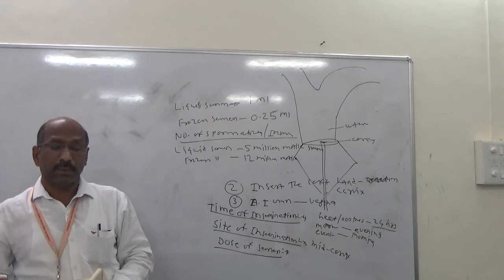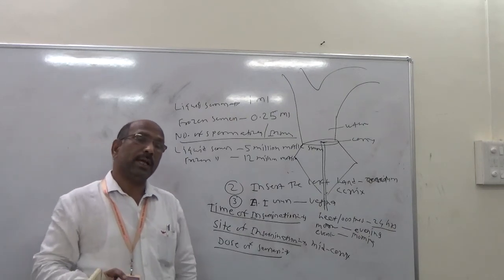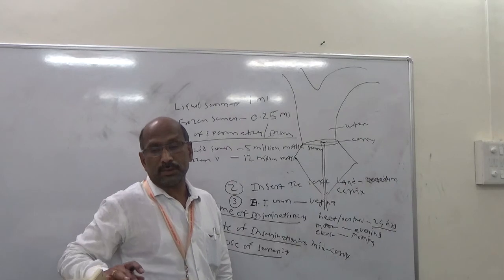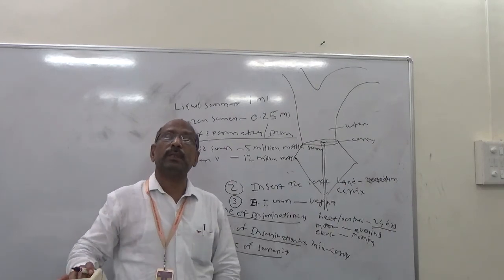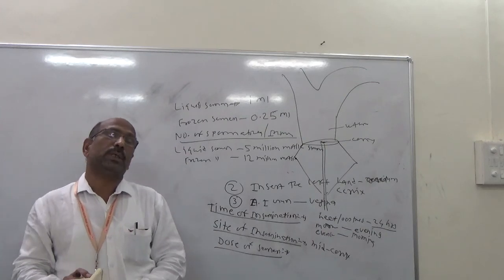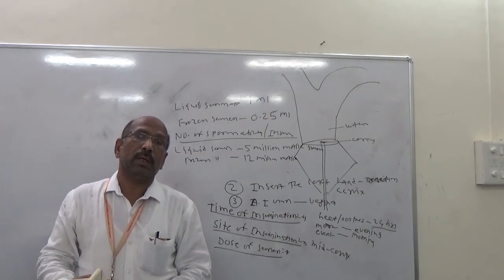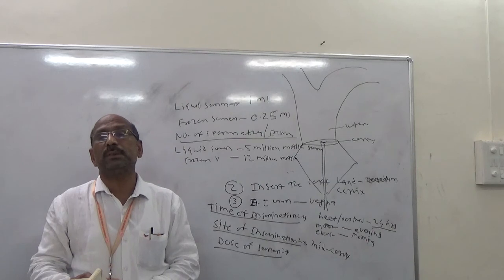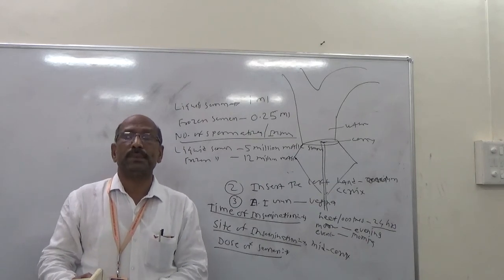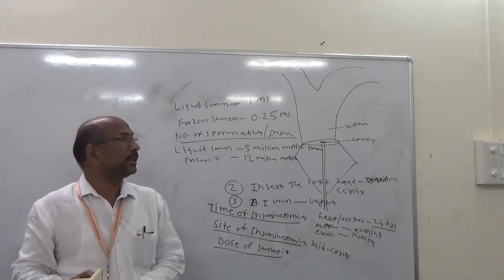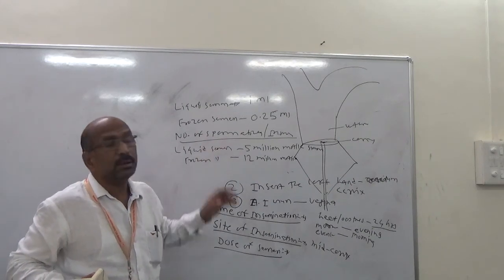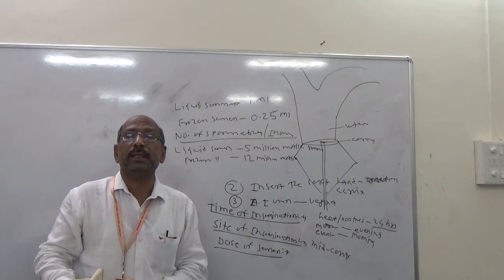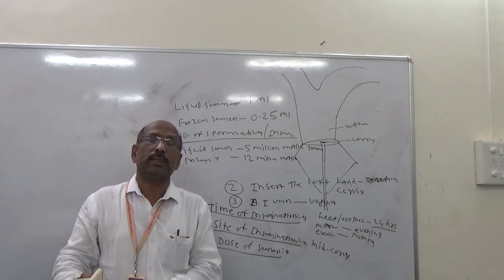After collection, next is the examination and evaluation of semen, then dilution of semen, then preservation of semen. After preservation, there is the frozen semen technique, and today we covered the insemination technique by the rectovaginal method.